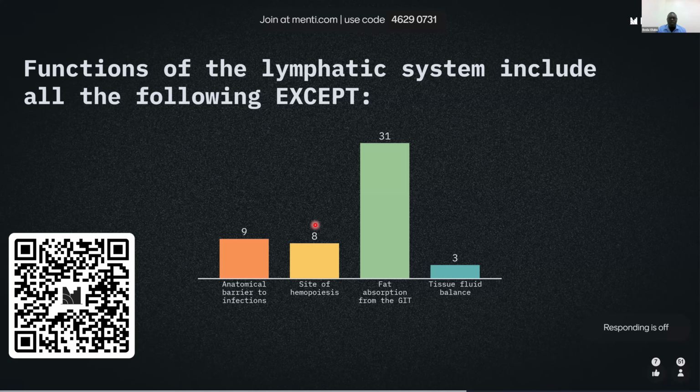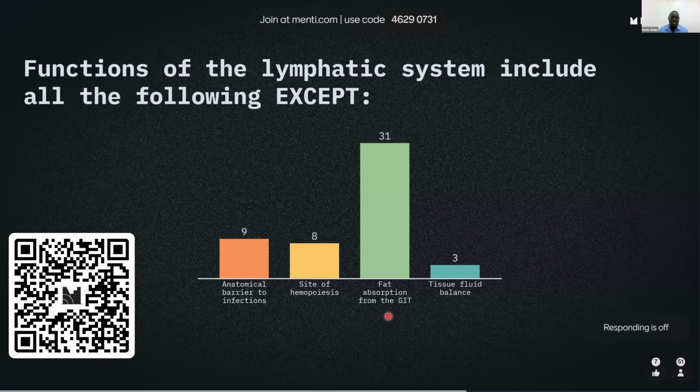So yes, organs of the lymphatic system can participate in formation of blood. Majority of you picked C as an exception, but these are also very key functions of the lymphatic system.